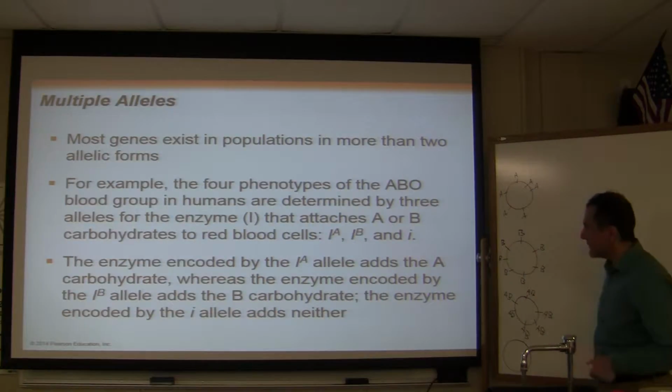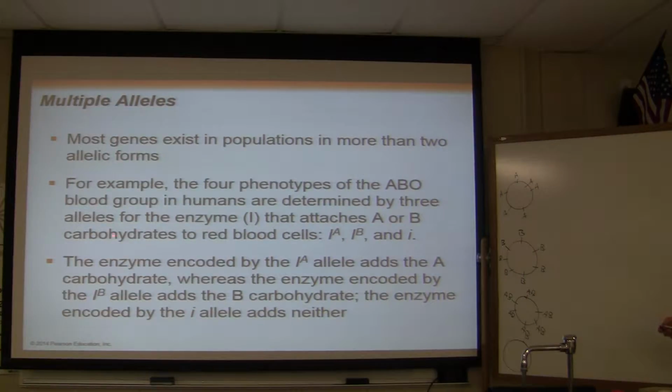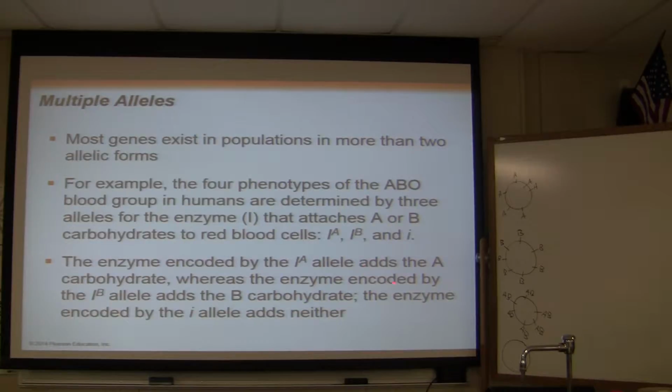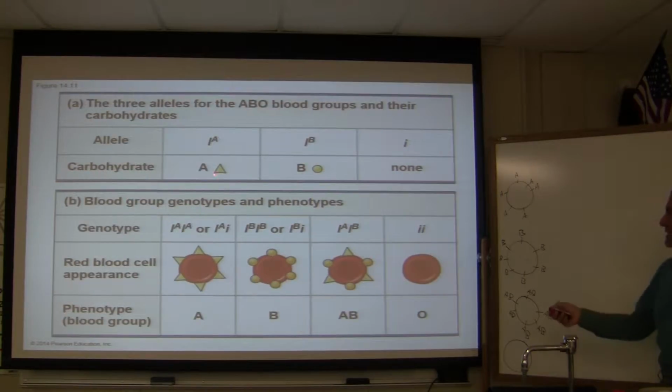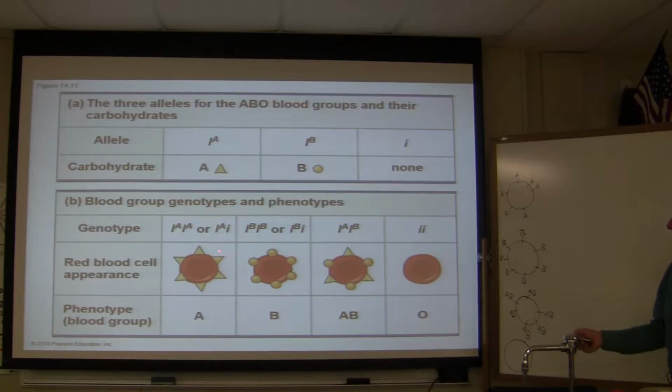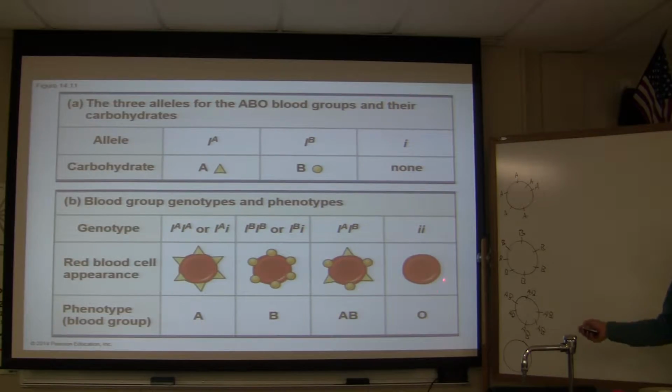So that's what the next statement says: the enzymes encoded by IA, IB, and so on. This is the diagram of the alleles: blood type A, blood type B, blood type AB has both, and blood type O does not have any.